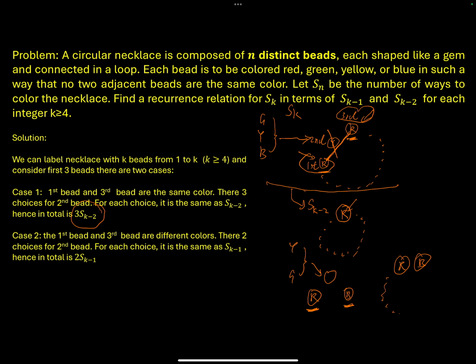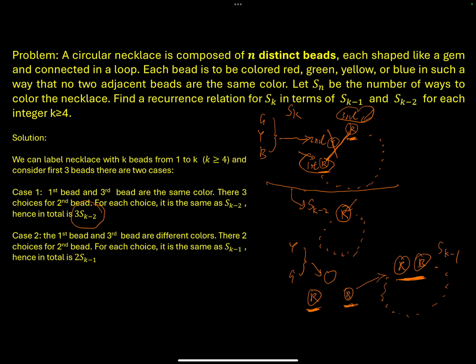Basically the same story. We remove the second bean, and because the first and third beans are different colors, we can safely put them side by side and ensure the requirement that no two adjacent beans are the same color is met. So in total we have Sk minus 1 because we remove the second bean.